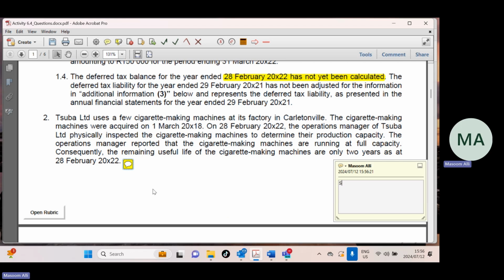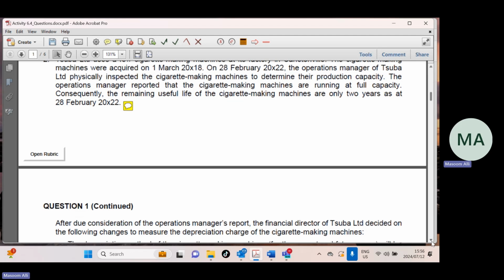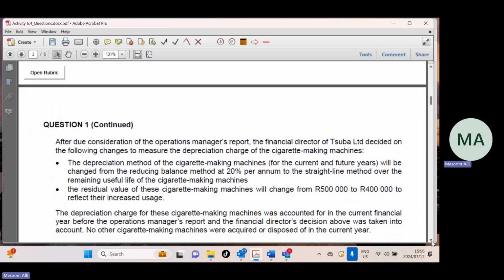So again, it suggests a change in useful life, which is a change in estimate. Right, so this is again what you need to be thinking about and taking into consideration. Now, I don't think that they've given us much more information with regards to the, oh, they have. Okay, so this is good.